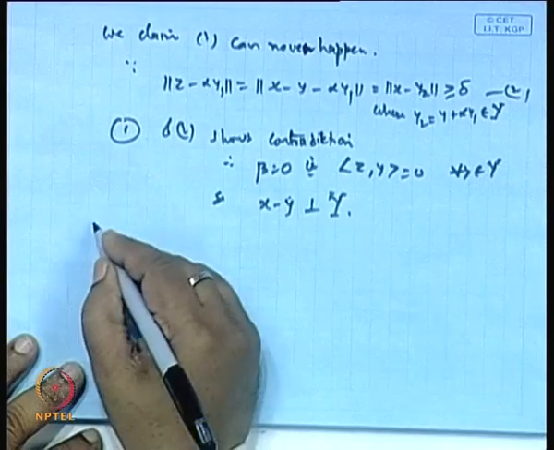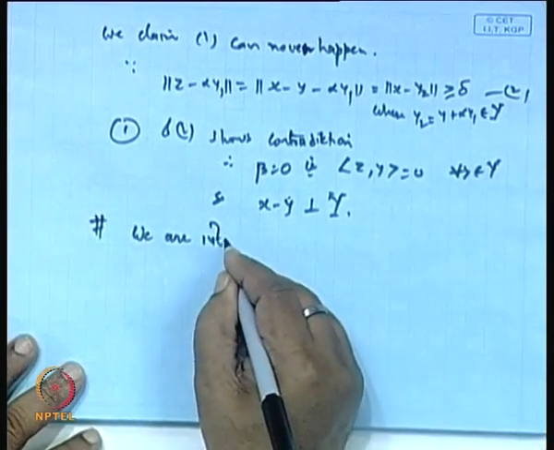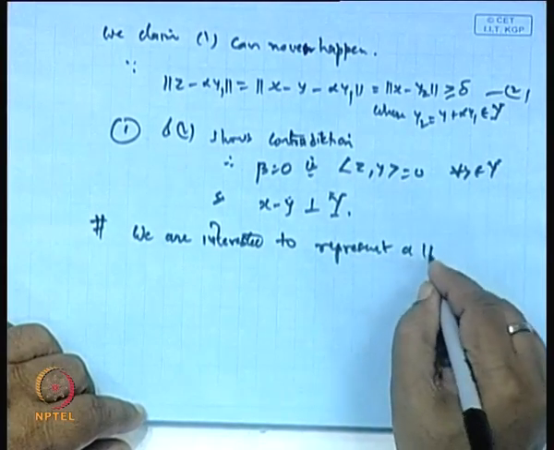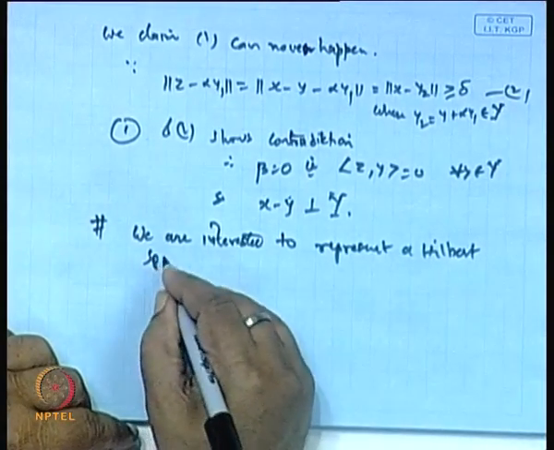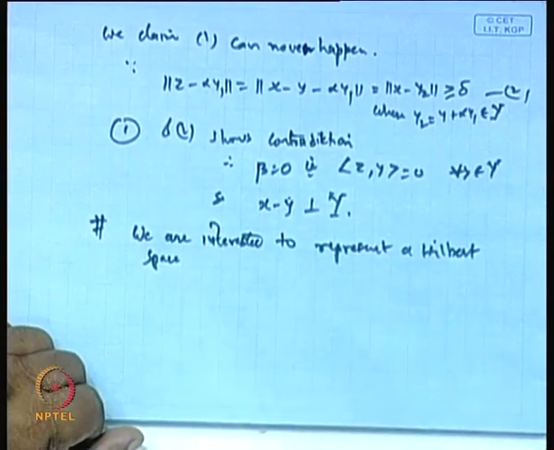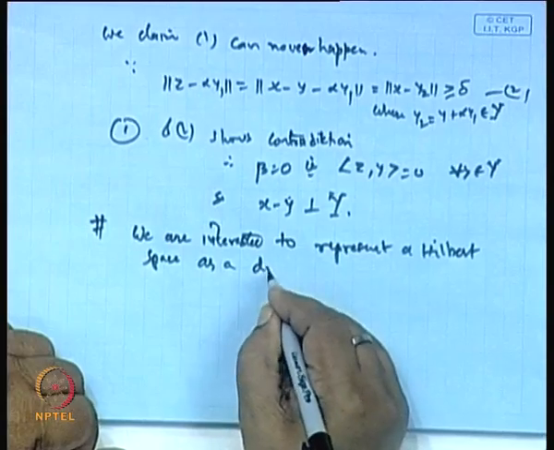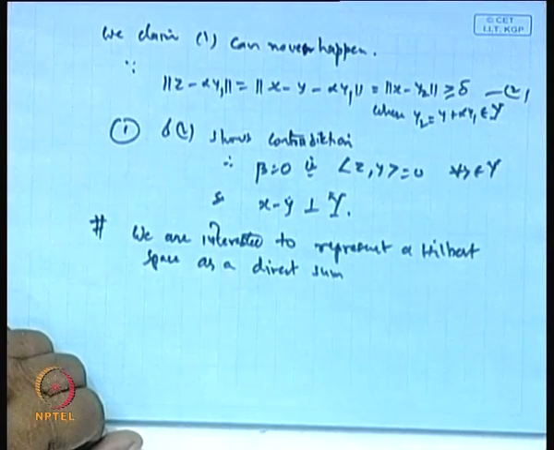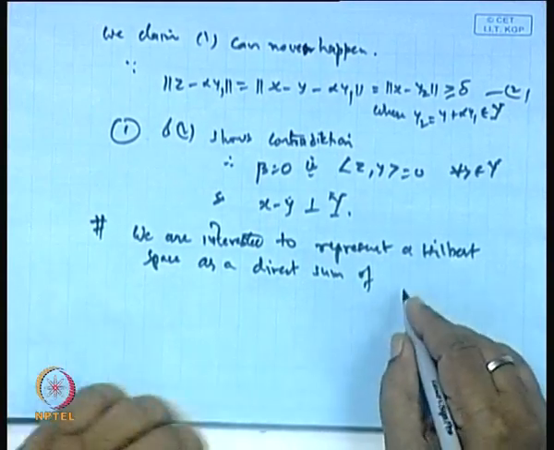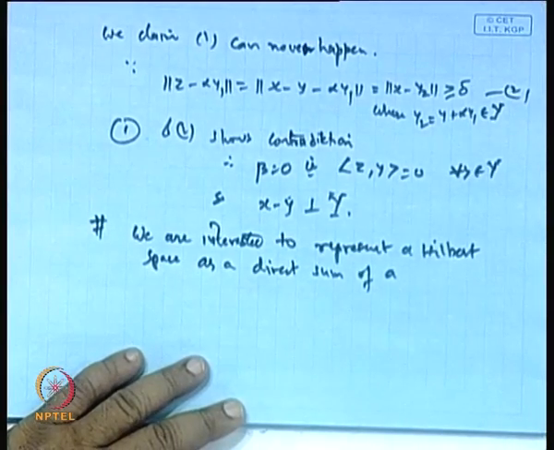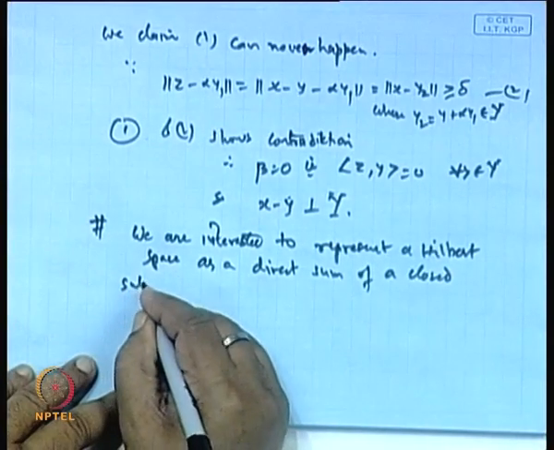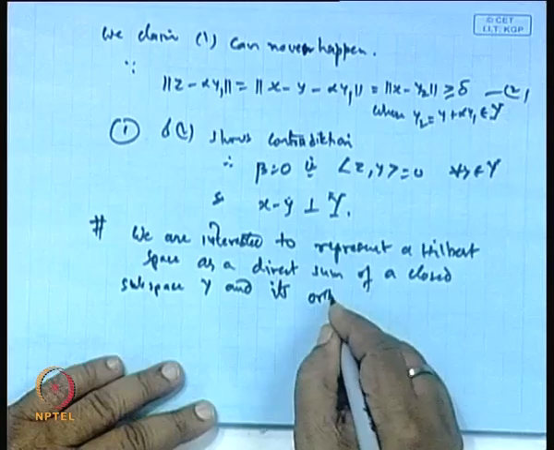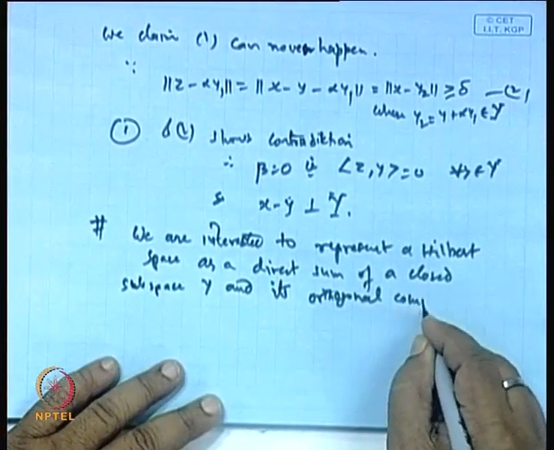That is what we are interested in: to represent a Hilbert space H as a direct sum of a closed subspace Y and its orthogonal complement.